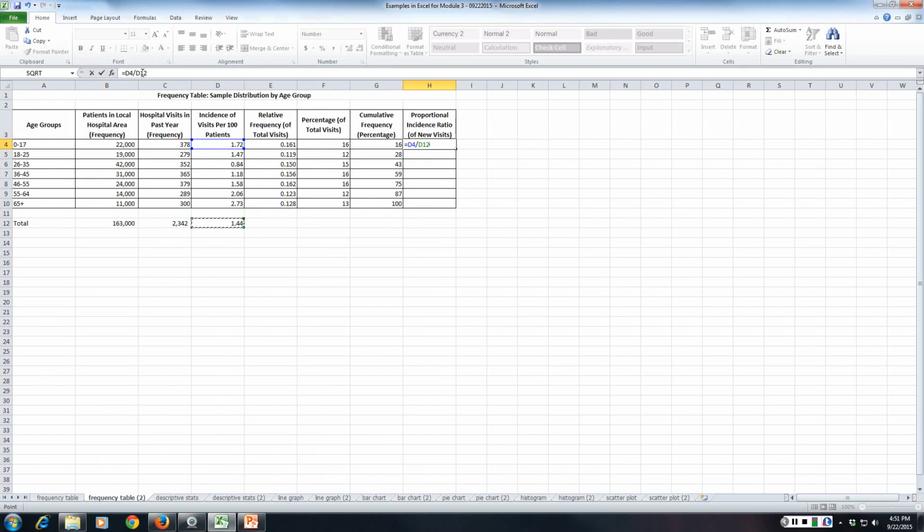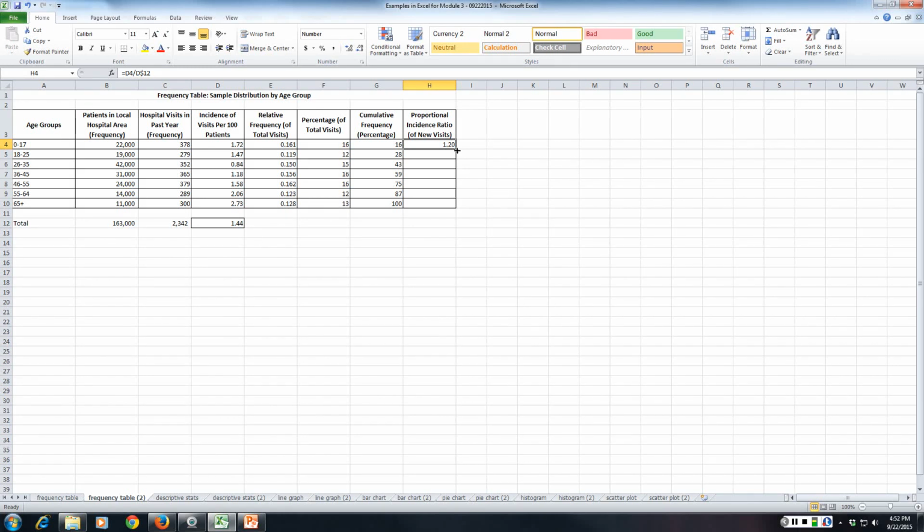Again, we're going to put a dollar sign in front of the D12 so that when we copy the formula, we keep the denominator the same. And so what does this tell us? There's 1.2. Well, this is telling us that the incidence of hospital visits per 100 patients for those ages 0 to 17 is 1.2 times greater than the mean in the overall population.